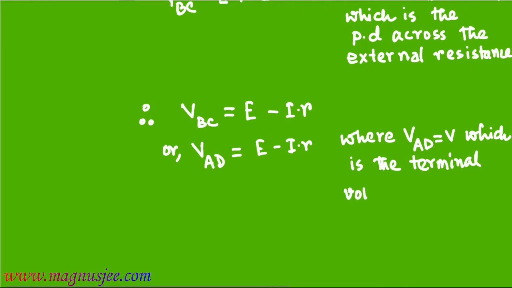As the external resistance R is connected to the cell in parallel combination, that's why these voltages will be the same. VBC will be equal to VAD. Both are equal to V. Therefore, V equal E minus I dot r.